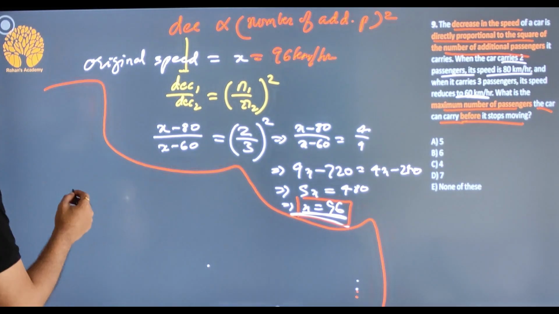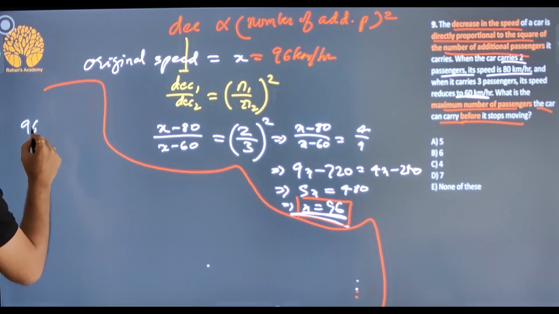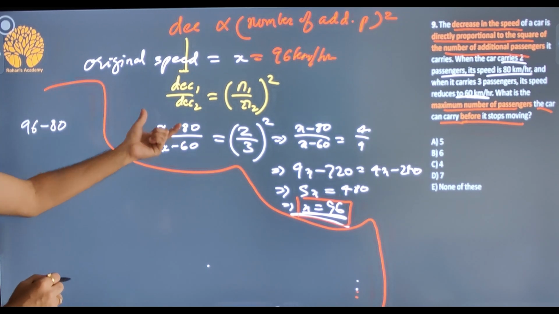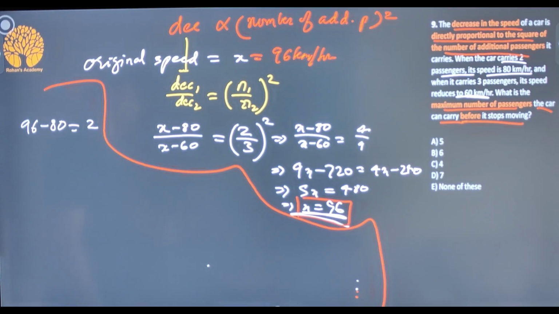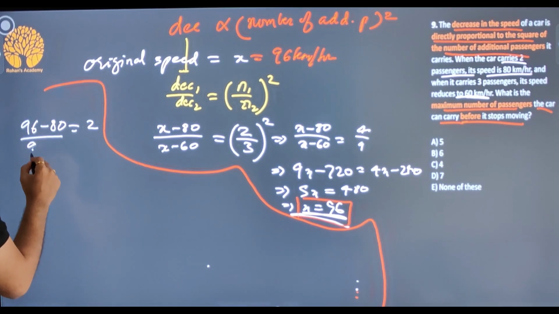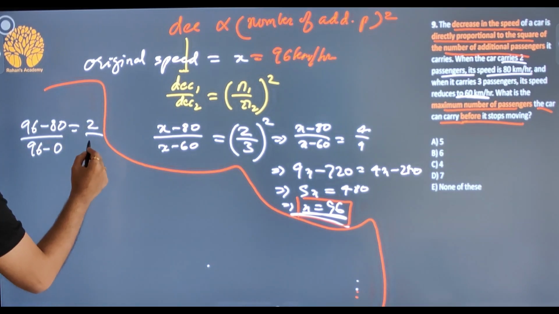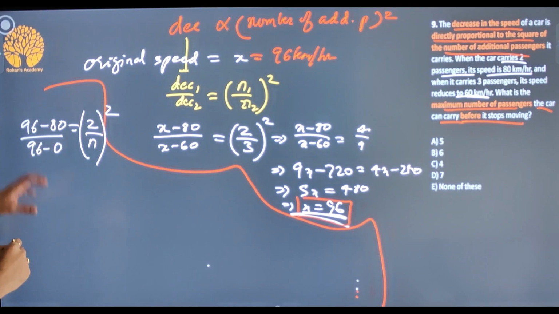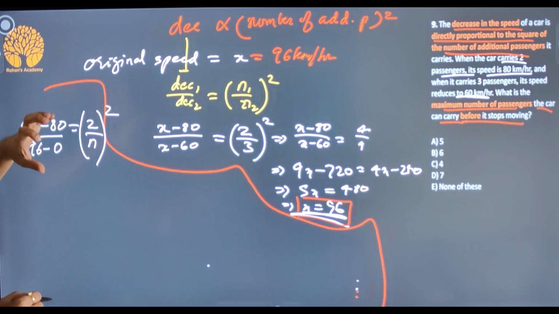In the first scenario, when there were 2 passengers, the speed decreased by 16. Now for the speed to decrease completely, how many passengers? I don't know. And the decrease is proportional to the number of passengers square.